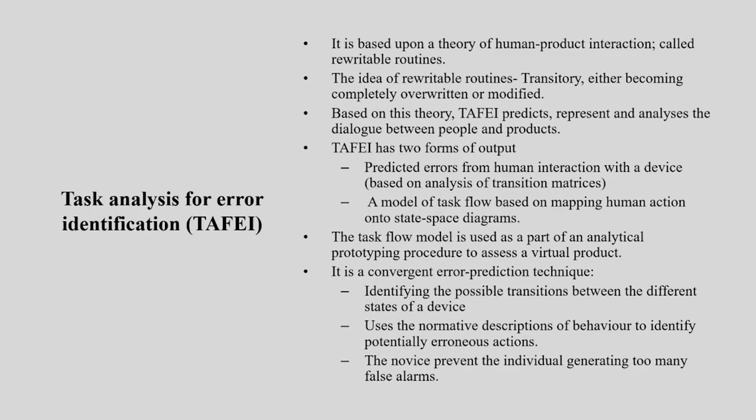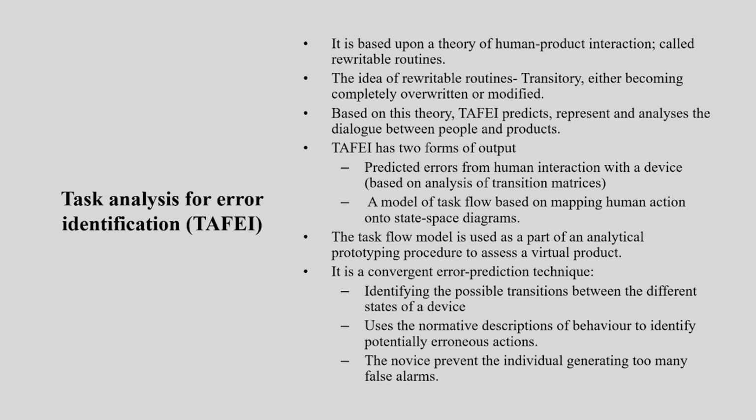So identifying the possible transition between the different states of a device uses the normative description of behavior to identify potentially erroneous action. So here also we have n number of errors, whereas which one is more potential, we have to remove them, we have to rewrite them, right? So we really need to identify them, describe them and eliminate them.